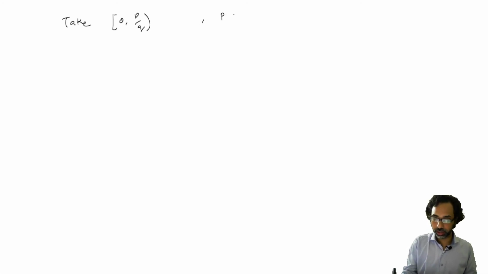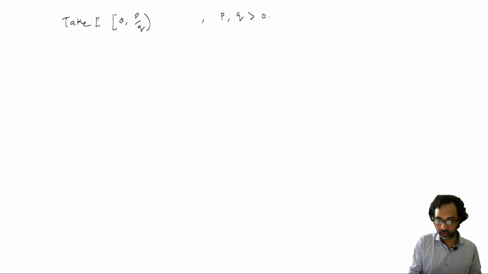So here p and q are greater than 0. So this is our E now, and what I am going to do is take this set 0 to p and divide it into chunks of length p over q.